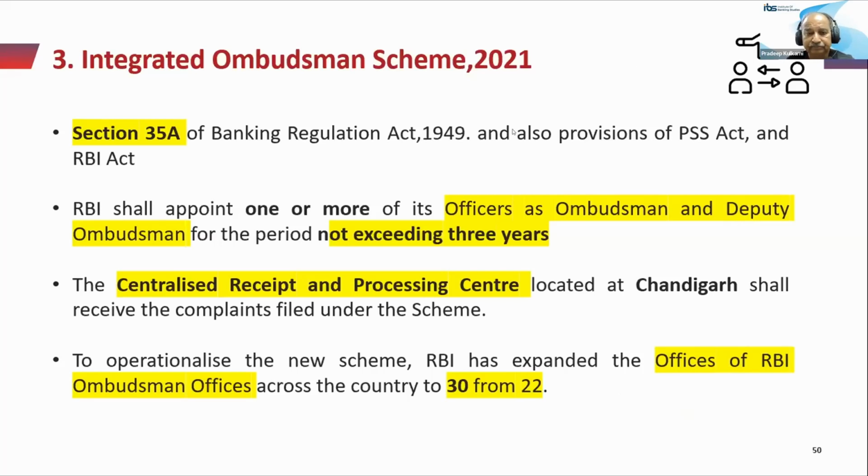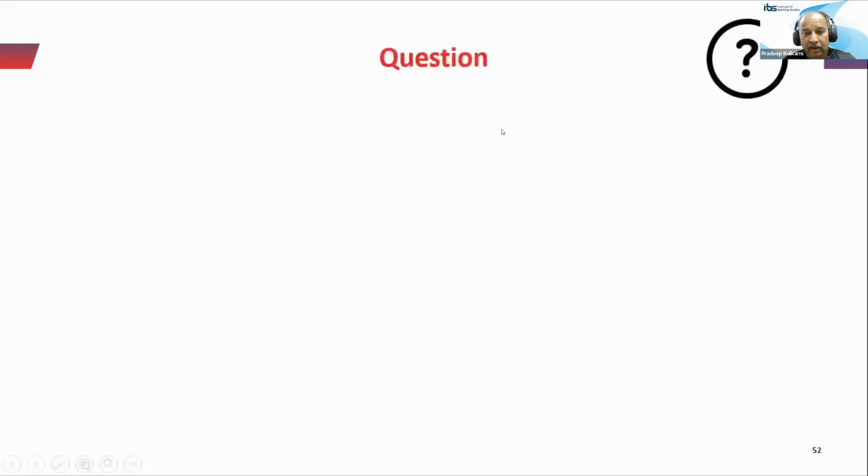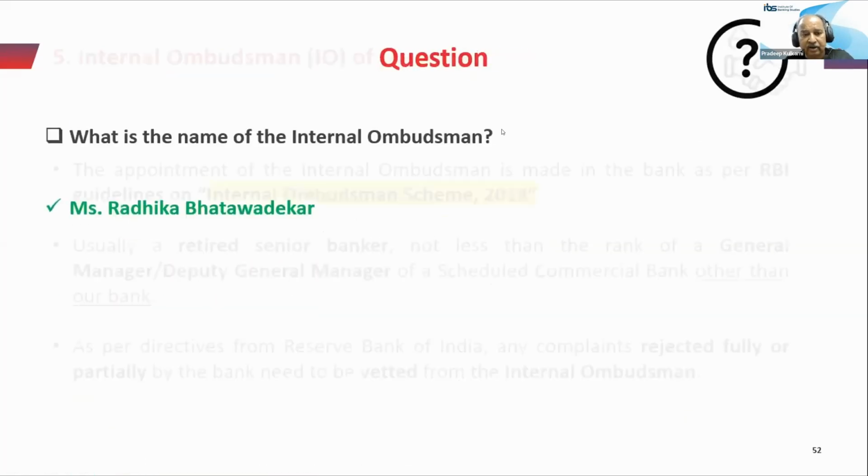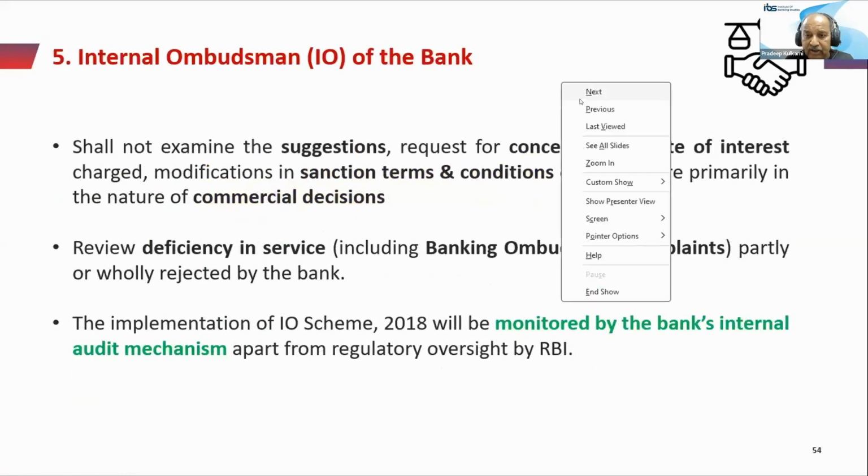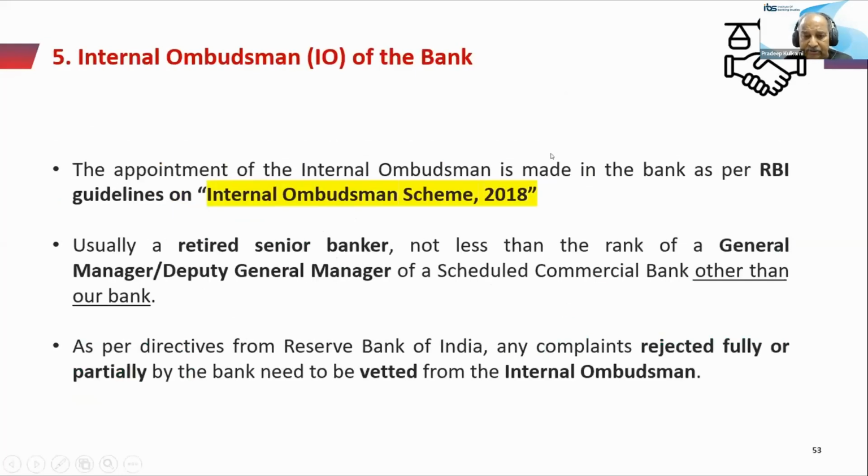Now, this part I have discussed, I think. This is an important thing again. The Internal Ombudsman Scheme 2018 is there. As per that scheme, any bank which has more than 10 branches operating has to have an internal ombudsman appointed. He is not a regular employee of the bank, but is posted from other branches.